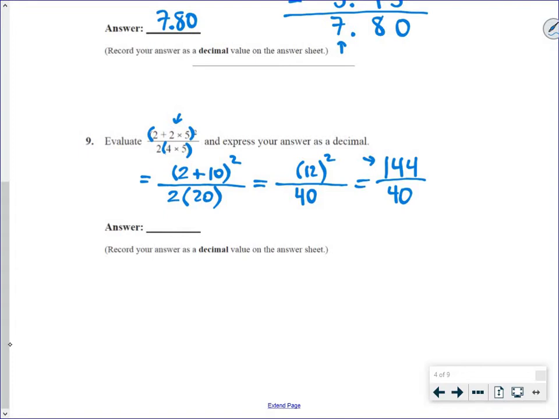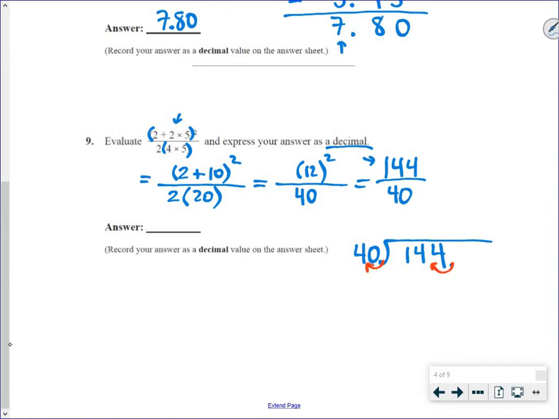It's looking for the answer as a decimal. So we need to, for lack of a better word, long divide 144 by 40. So the trick here, this is like 40 decimal, and this is like 144 decimal. If you like, you can move each of these so that it's an equivalent problem.